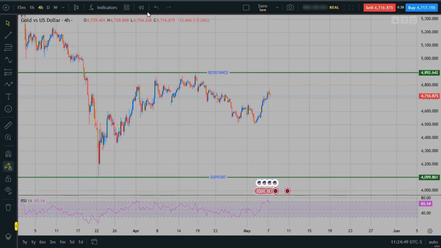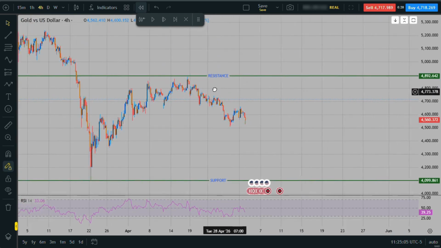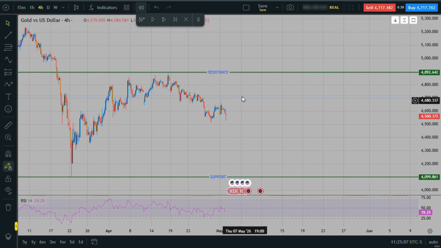Before that, let's reverse this so that I can show you how I spotted this nice buy on gold. So yeah, let's take it here. Okay, so I've drawn my resistance and my support.